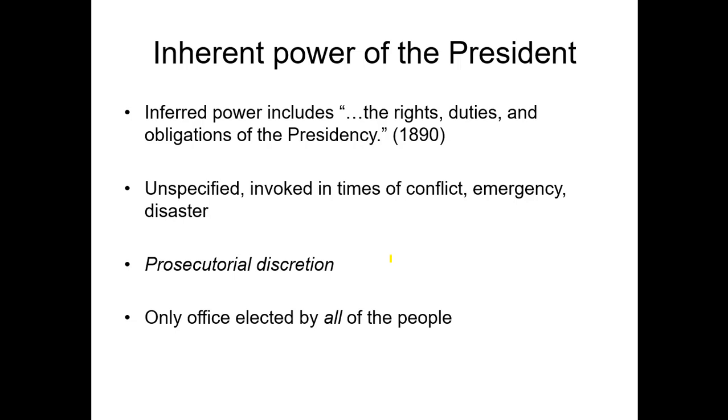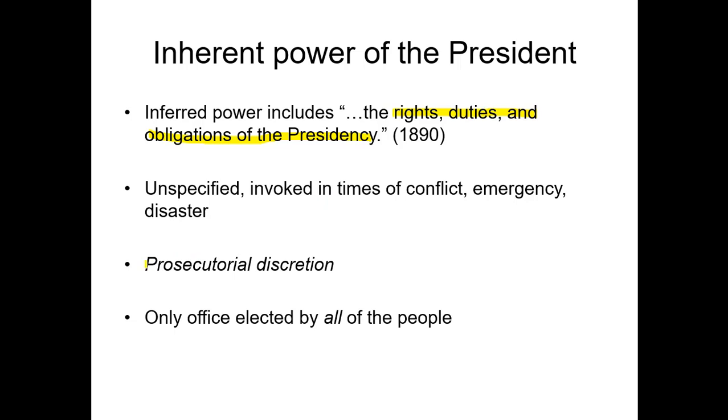This was first articulated in a Supreme Court case in the late 1800s, where the general rights, duties, and obligations of the presidency give him certain powers, things that he needs to do in his job as president, in conjunction with being commander-in-chief, where he may need to call out forces to help in something, or the National Guard. There are going to be some unspecified needs where he might have to act in times of conflict, emergencies, disasters, that sort of thing.